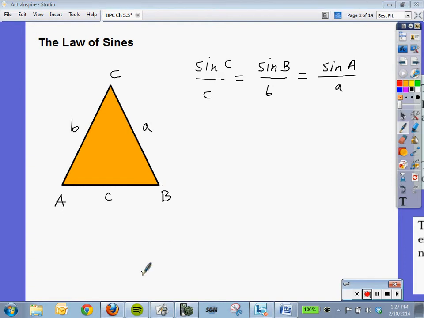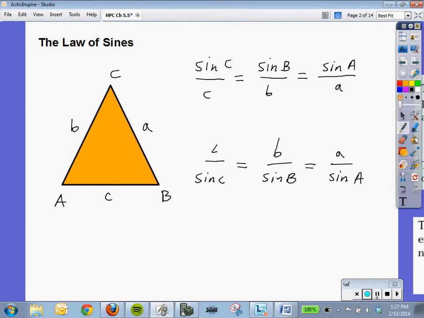You could rewrite the definition so it has little c over sine of big C equal little b over the sine of big B equal little a over the sine of big A. Alright?